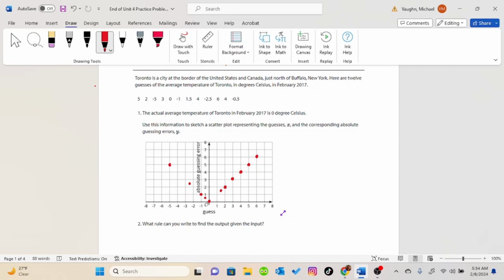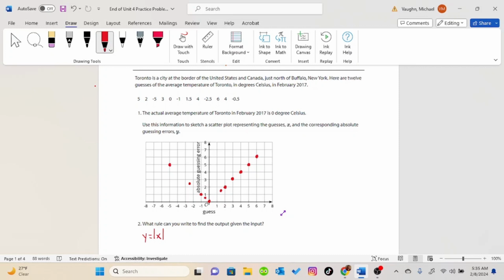So this V shape is the generic graph of y equals the absolute value of x, because all we did was take the guess number and make it positive. So all of the positive guesses stayed positive.